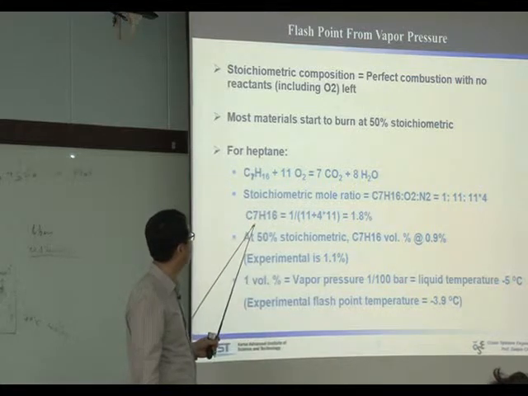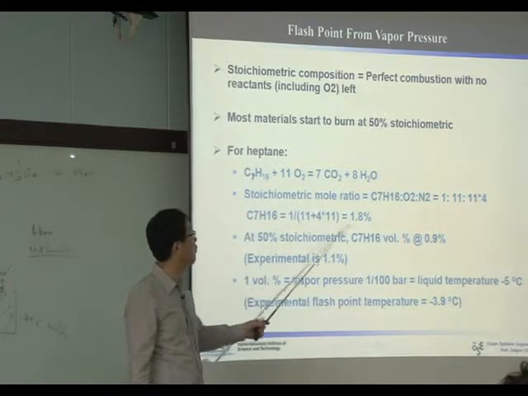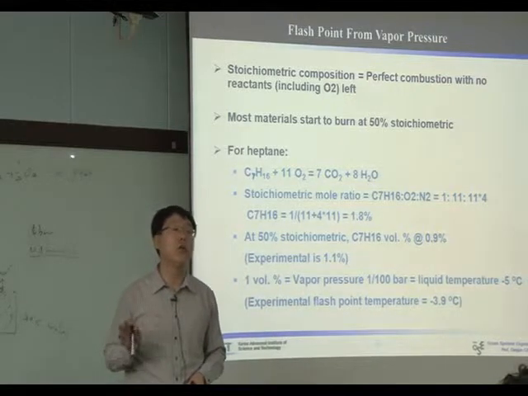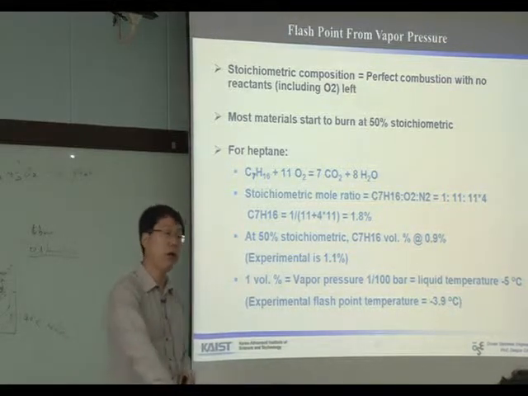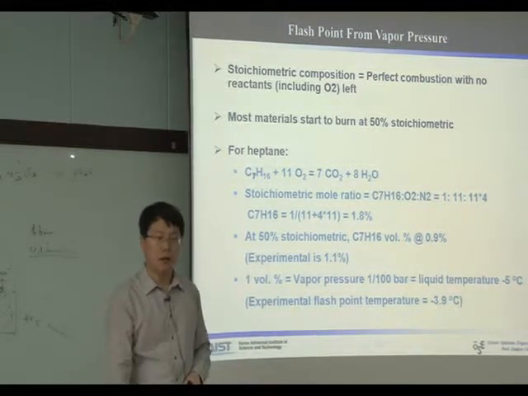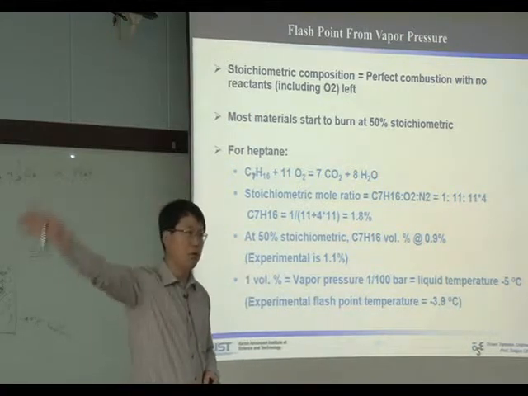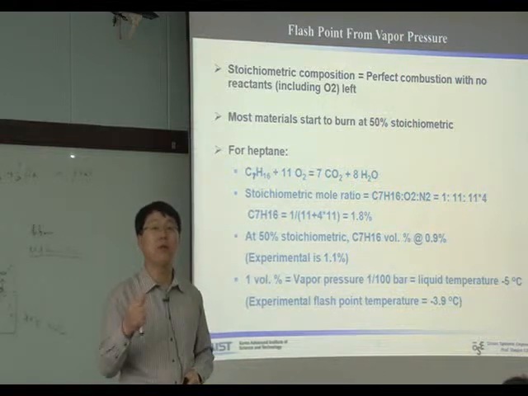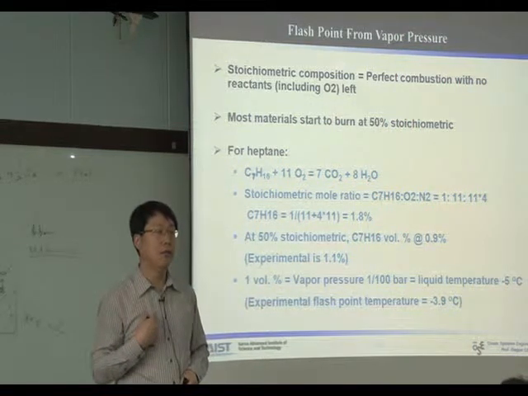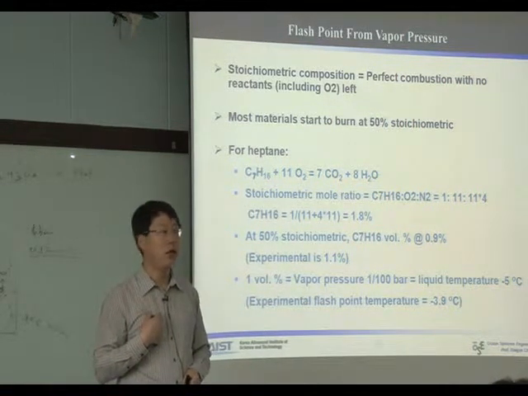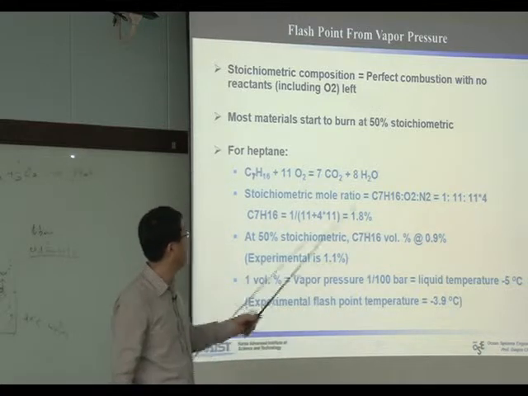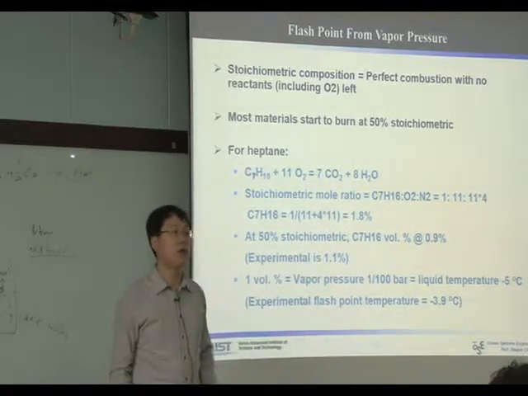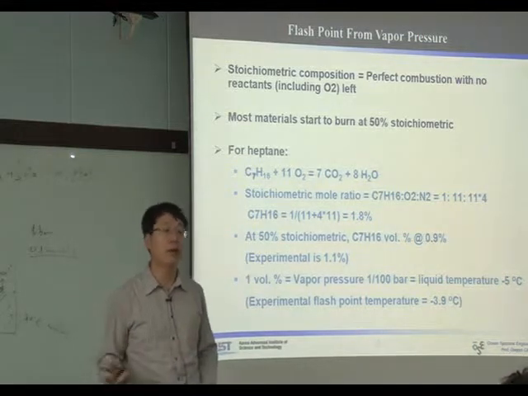So the concentration of heptane is 1.8. So 1.8% is the stoichiometric concentration. Here we have heptane 1.8%, and if we burn the heptane, we have only CO2 and H2O and nitrogen here. No oxygen and no heptane here.